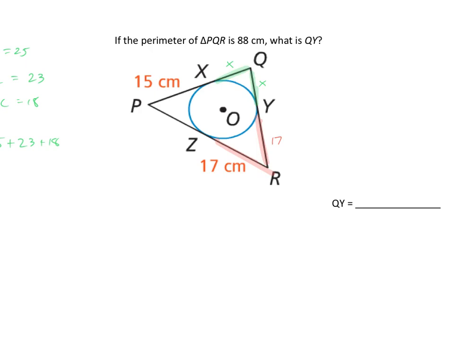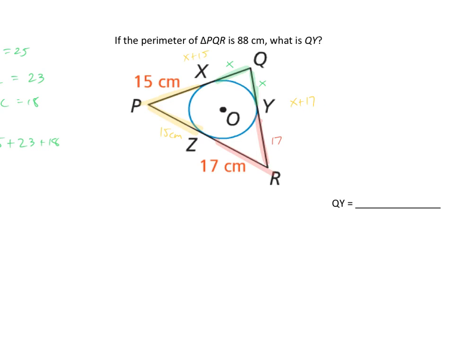And then I take a look at segment PX and segment PZ. They're both tangent from the same endpoint. So therefore, they have to be 15 centimeters apiece. So looking at finding the perimeter, this side is x plus 17. This side is x plus 15.